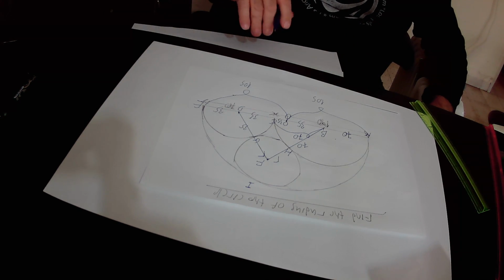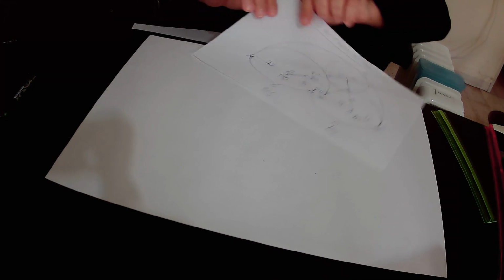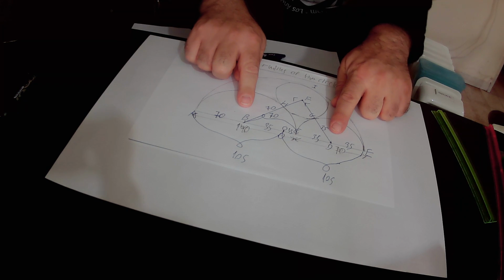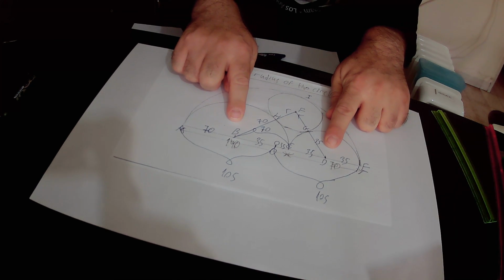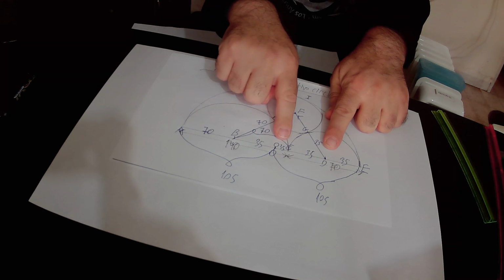And what is the length of line segment BD? From the drawing it is very easy to see that BD equals 35 plus 35 plus 35.